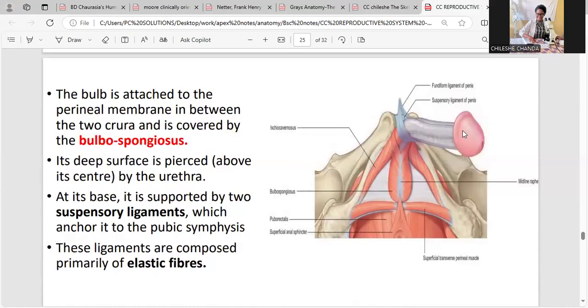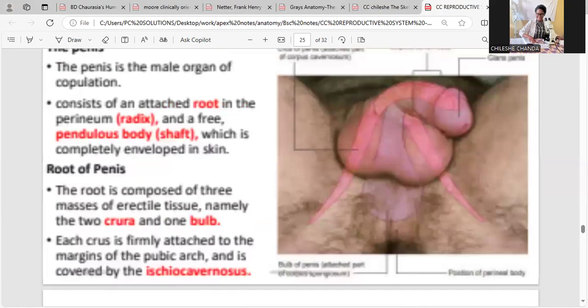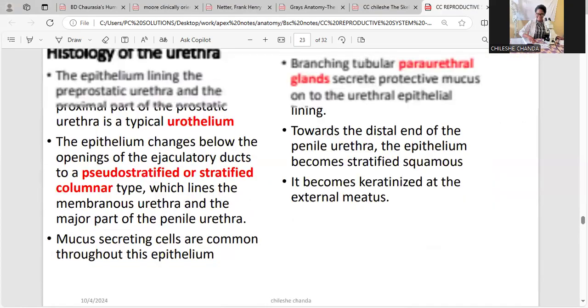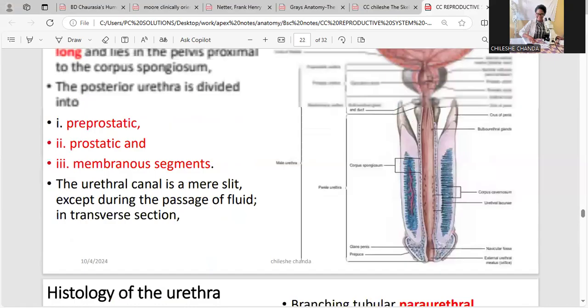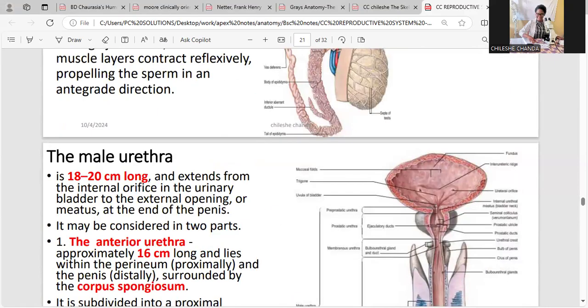And then we have the penile portion of the urethra. So this is the anterior portion of the urethra.